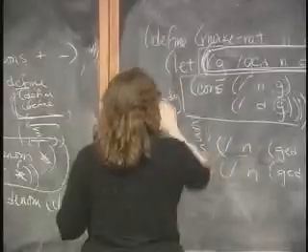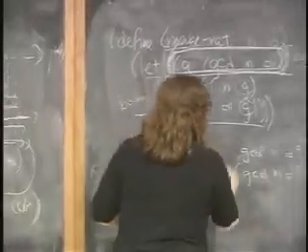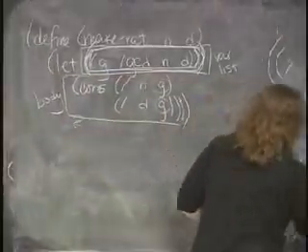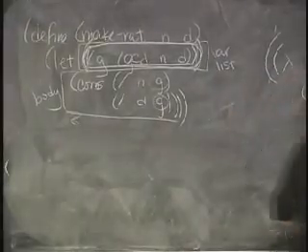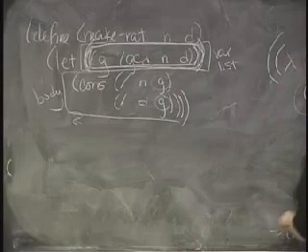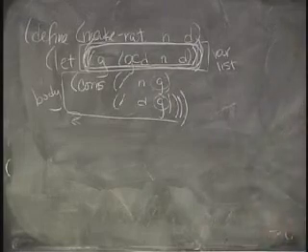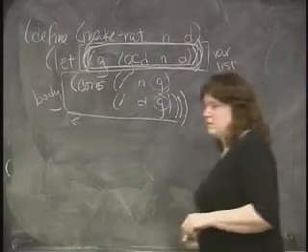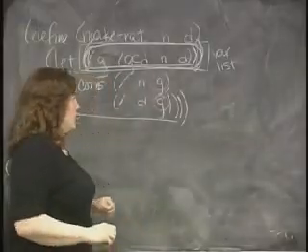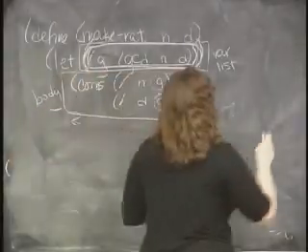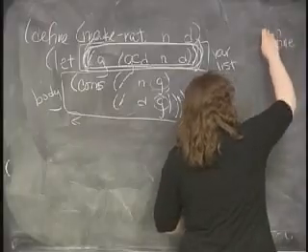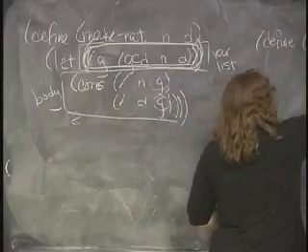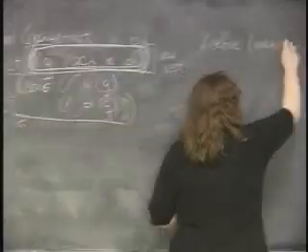Let's define make rat another way. We could have defined make rat not in terms of cons, but make rat could have returned a procedure.